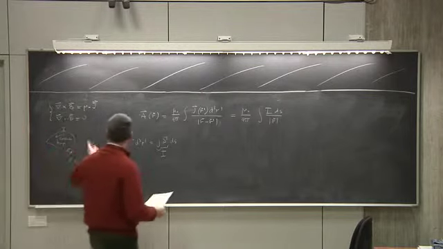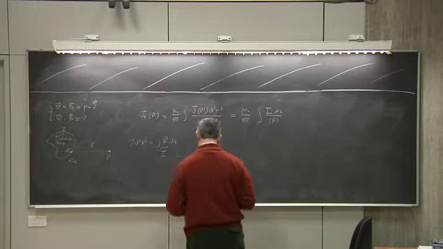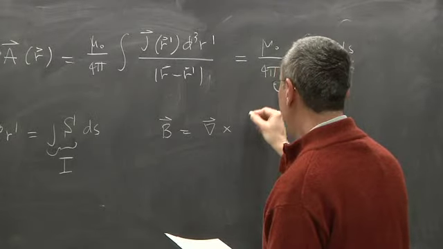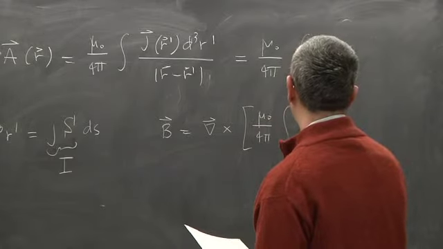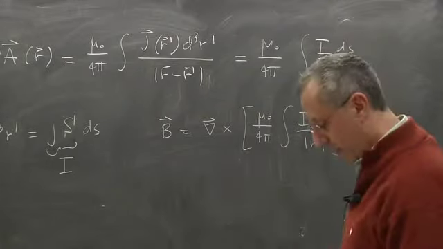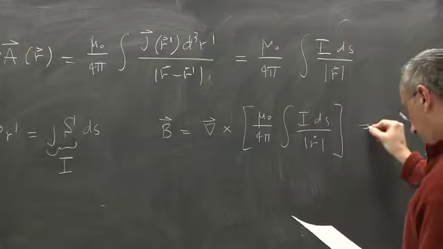And then I can just use the fact that, what is B? Well, I should get back my previous result. If I take the curl of A, that is the curl of mu naught over 4 pi, the integral of I ds over R, I should get back what I had before, and that's what I get.